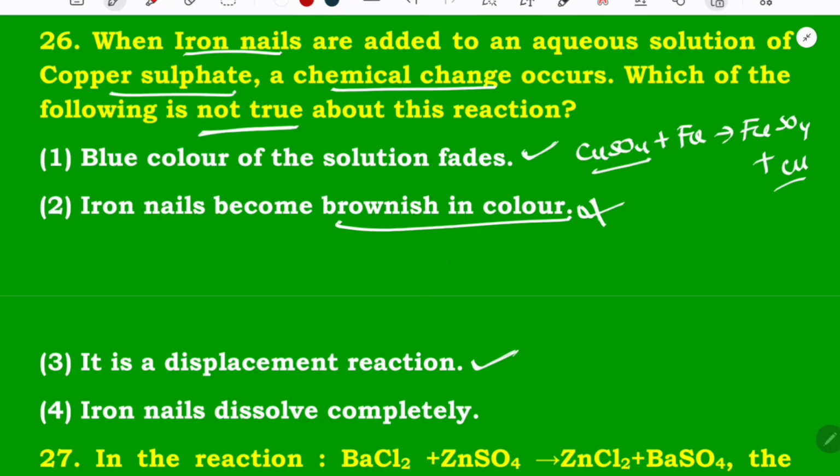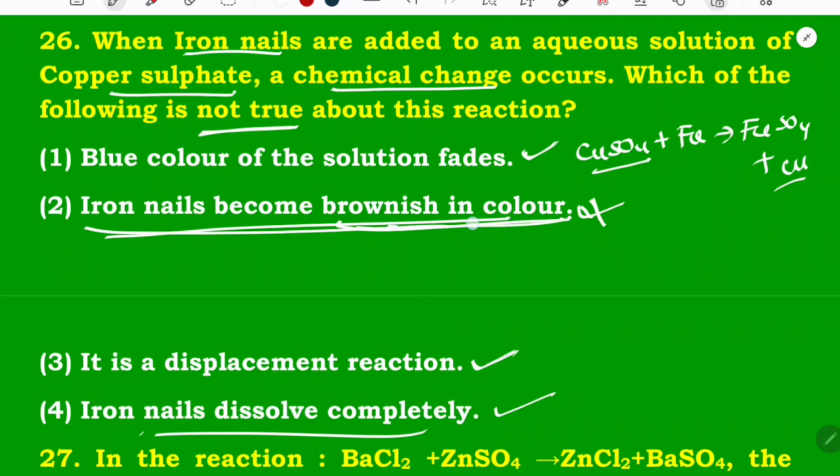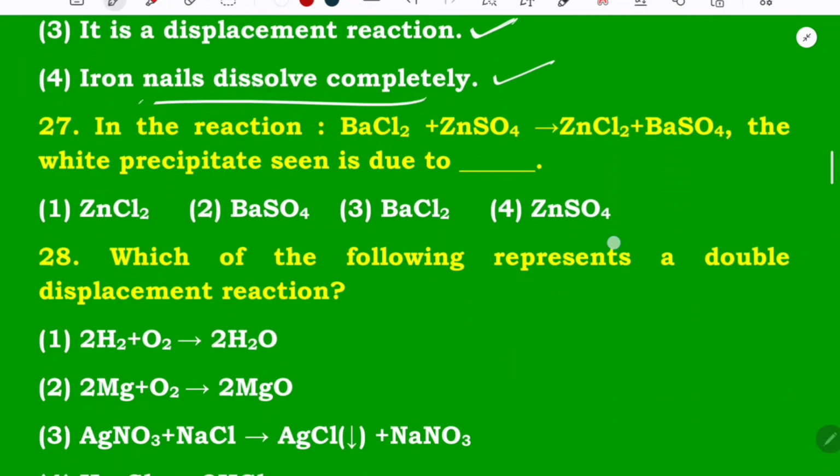Not true means the iron nail dissolving completely is also correct. Down below we get a brownish precipitate, that is copper. So the iron nails do not become brownish. This is the answer. The second one is the correct answer, it's not true. Okay, next.